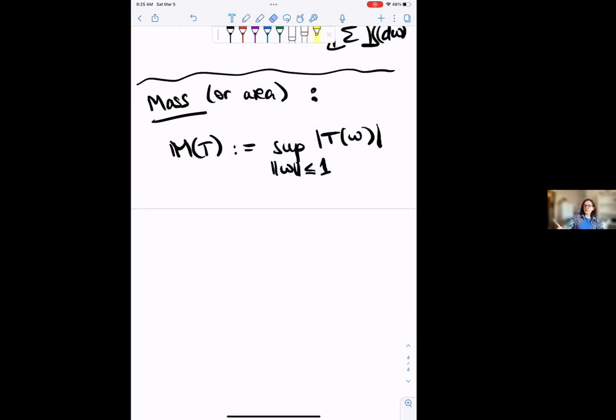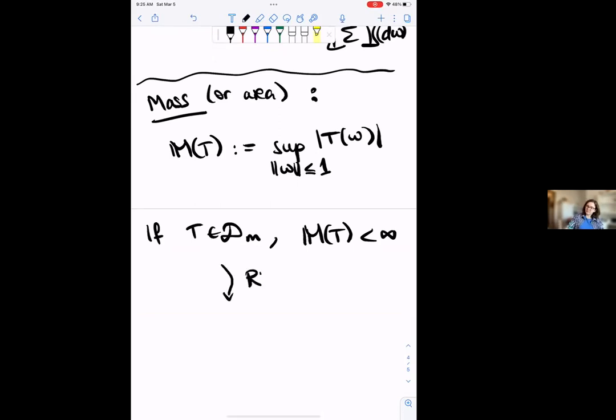So for example, if we take an m-dimensional current T with bounded mass, then by the Riesz representation theorem, we can associate a vector-valued measure to this guy.